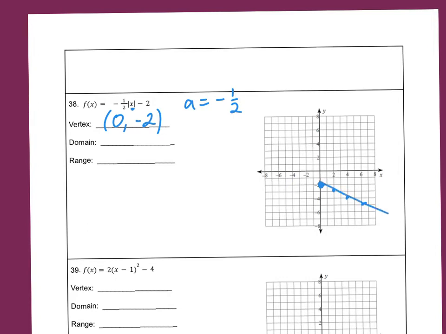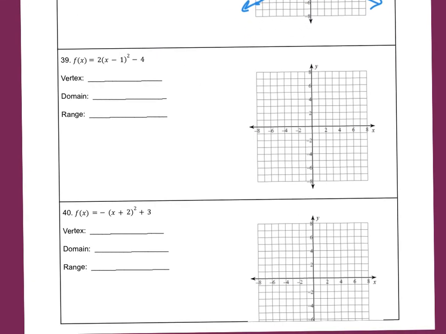It looks like this. Reflect that, down 1, left 2, down 1, left 2. And that's how I graph that. Domain I know is negative infinity to infinity. Range, bottom up, starting from negative infinity, so those arrows are going down forever, ending at negative 2.